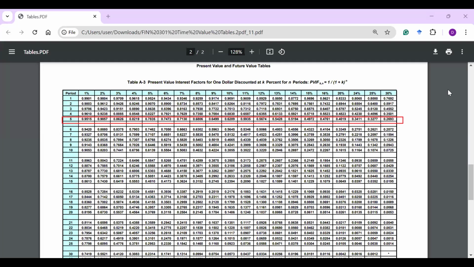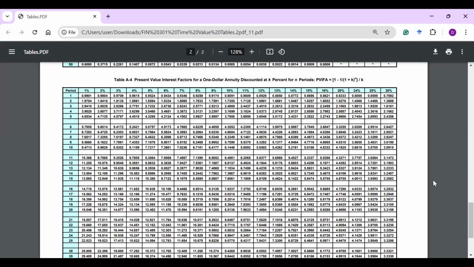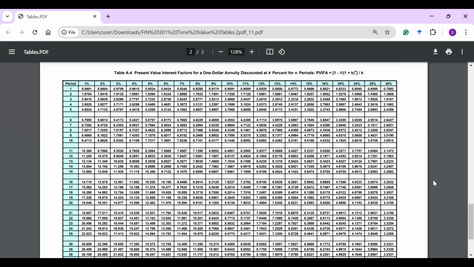Where is the annuity table? We are going to calculate it in the annuity table. Present value annuity table. Yeah, this one. So year 5, and check the factor. 3.35 was the factor, 3.352. So here we have 3.9, 3.8, and you can see 3.5.